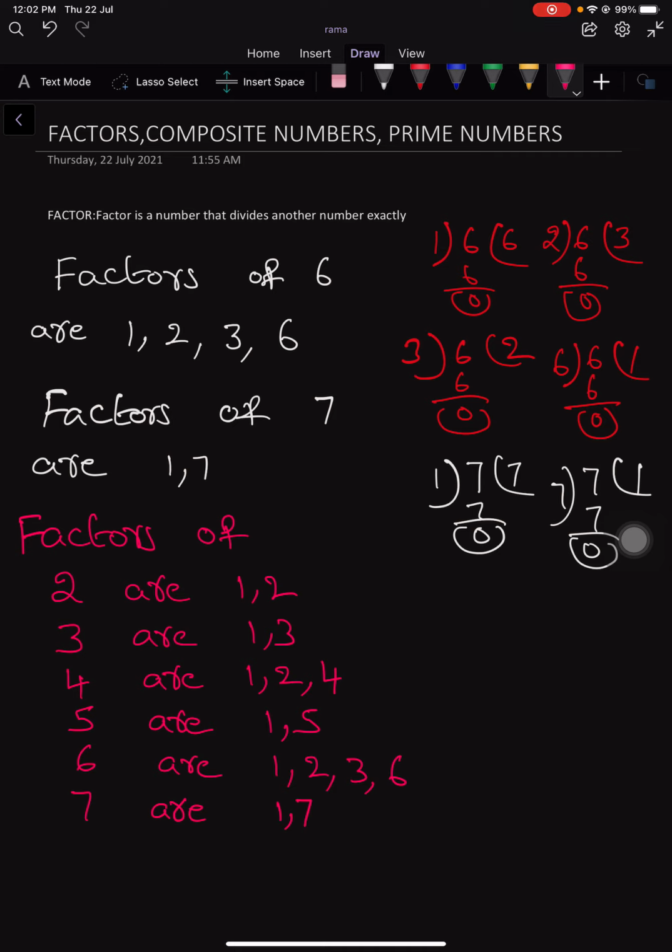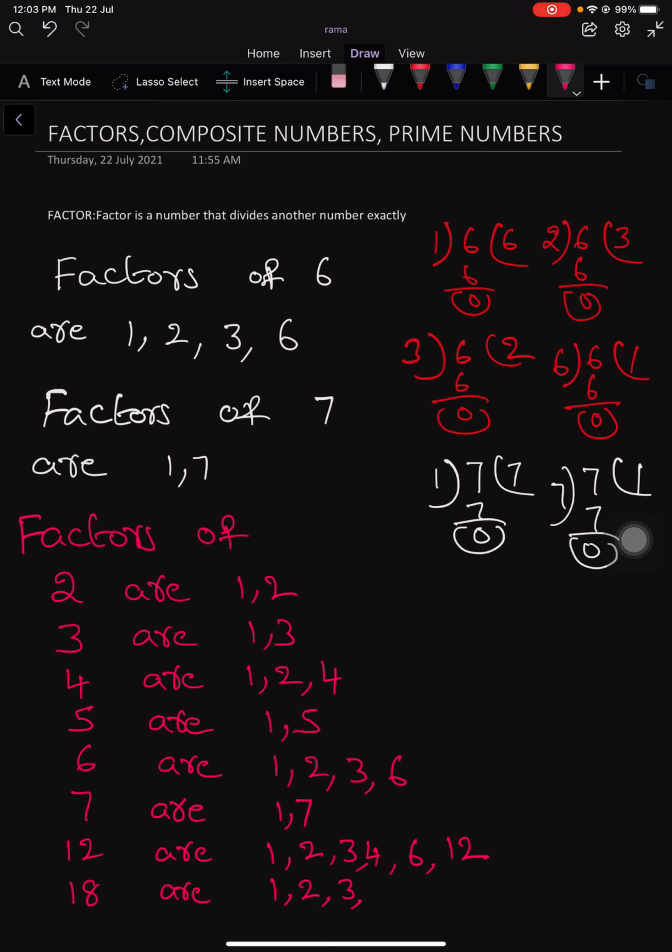Next, I will take here 12: 1, 2, 3, 4, 6, 12. And again I am writing 18. 18 is divisible by 1, 18 is divisible by 2, 18 is divisible by 3. 3 sixes are 18.